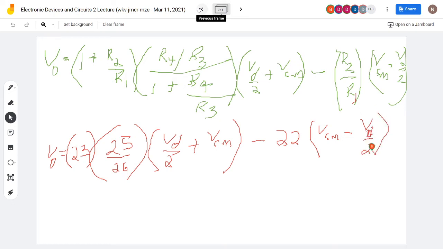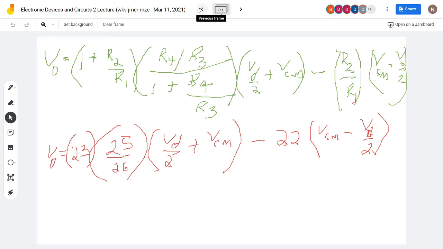Okay. So based on the fact that we have values now, we can actually compute 25 divided by 26. Times 23, you get 576 over 26.